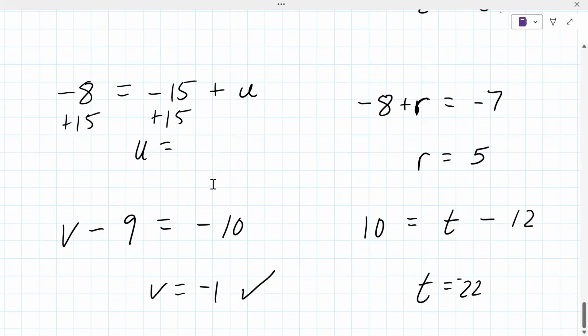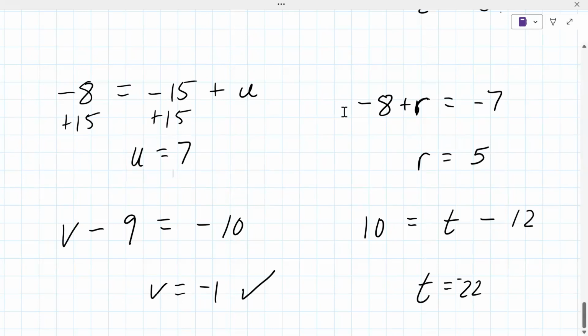Do you agree with that? Yeah, that's what I did. Okay, -8 plus 15. Are they the same sign or opposite sign? Opposite. What is the rule for opposite signs? Oh, you subtract them. So 15 subtract 8 equals 7.